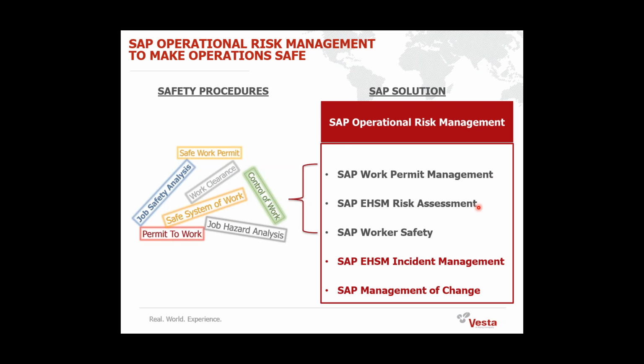In the HSM risk assessment, you will be able to assess risk in the workplace and to carry out the job hazard analysis. And the last one is the worker safety. The worker safety is the management of risk and safety measures inside the work order and the task list.